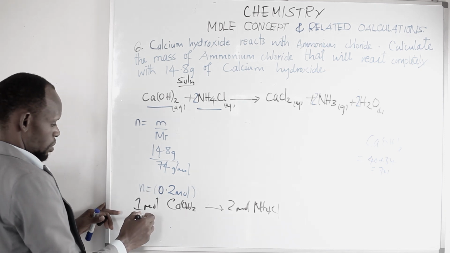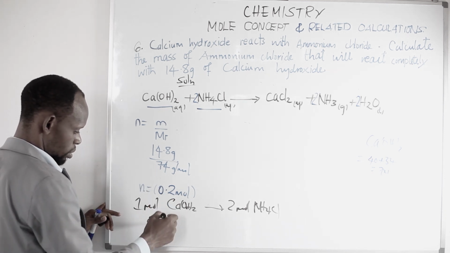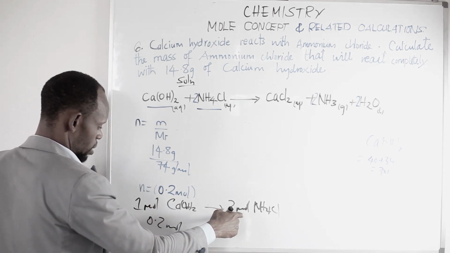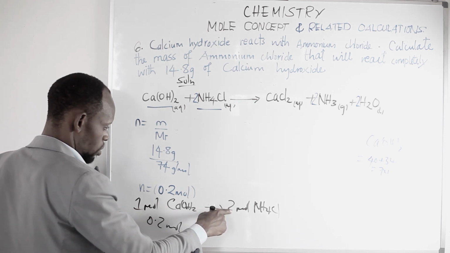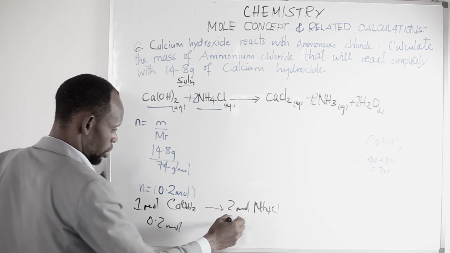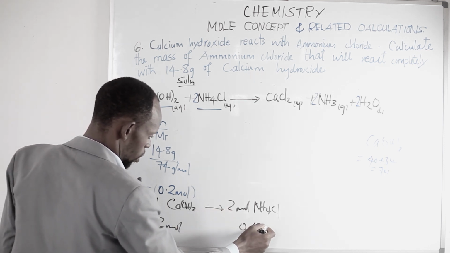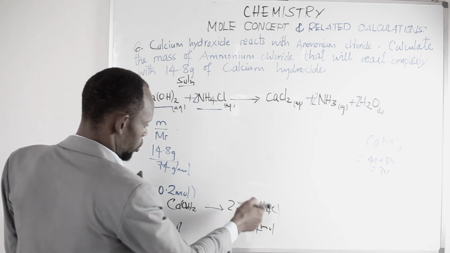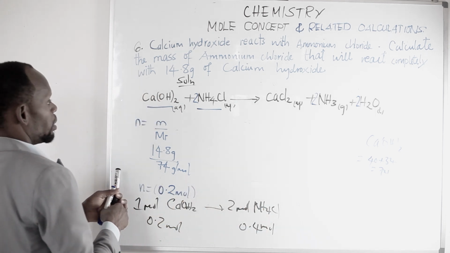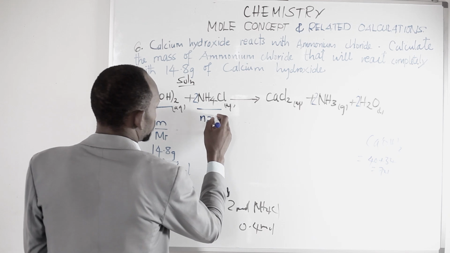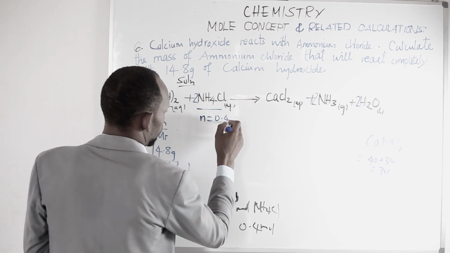But if here you have 0.2 mole, how much will be here? If here is 1, here is 2. So if here is 0.2, here will be 0.4 mole. So for ammonium chloride, the number of moles is equal to 0.4 mole.